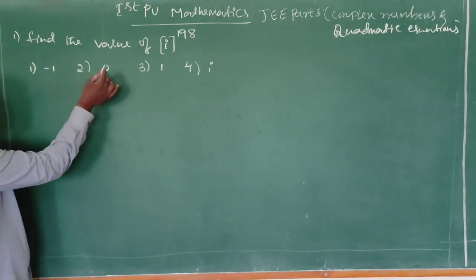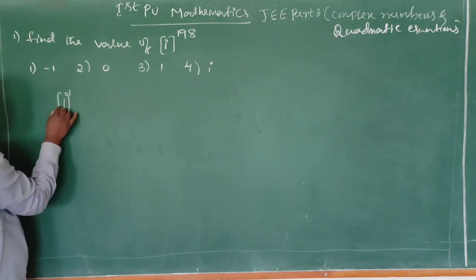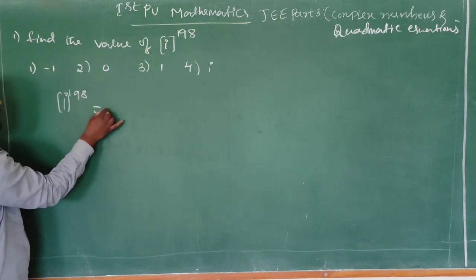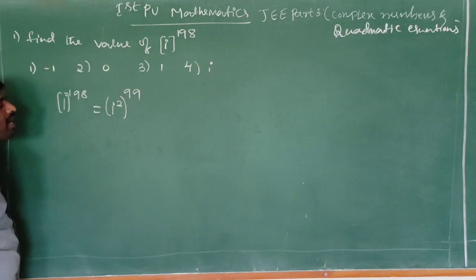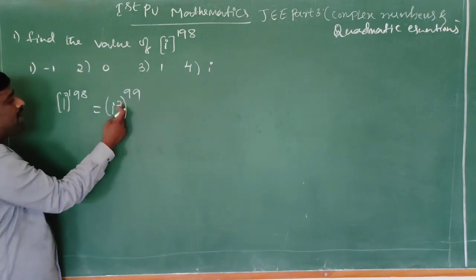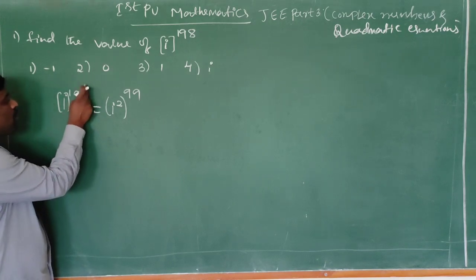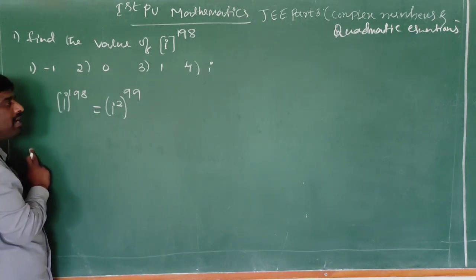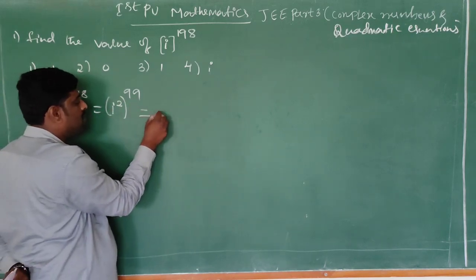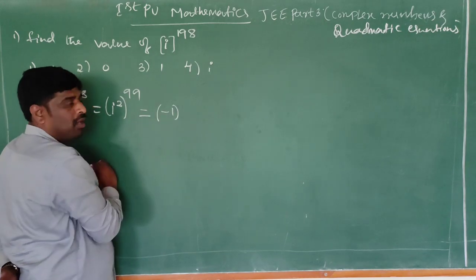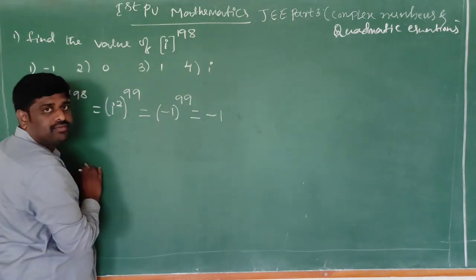So, what is the power? i to the power of 198 can be written as i square whole to the power of 99, since 99 twos are 198. i square means minus 1. Minus 1 whole to the power of 99 is minus 1.